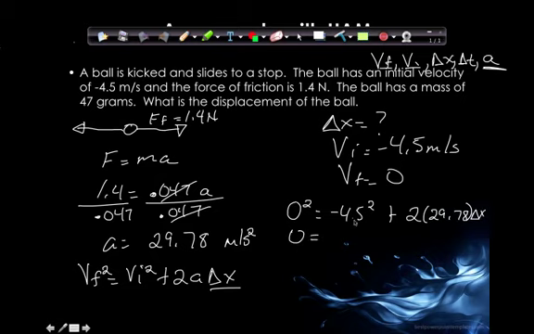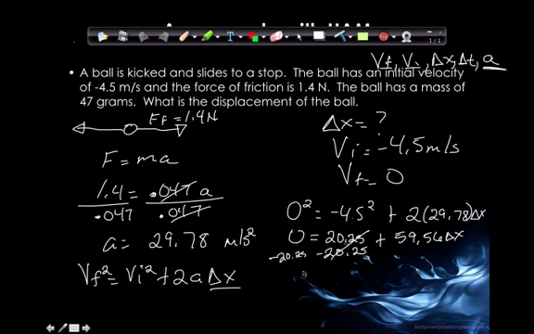So 0 is equal to 4.5 times 4.5, which will give me positive 20.25, plus 2 times 29.78, which is 59.56 delta x. So I'm going to subtract 20.25 from both sides.